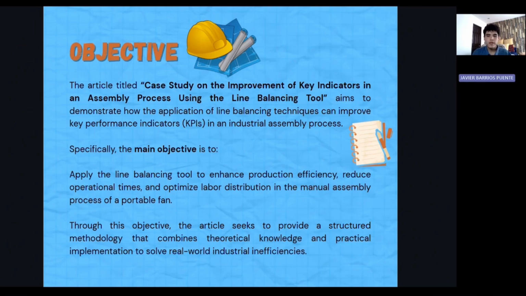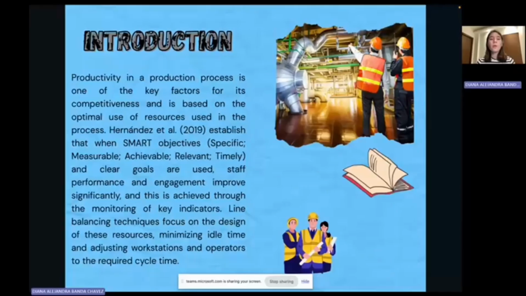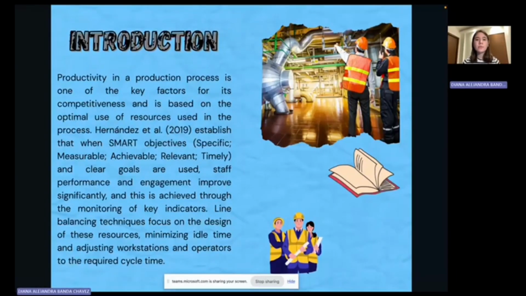real-world industrial inefficiencies. As an introduction, it's very important to mention that productivity in production processes is one of the key factors for competitiveness, and it's based on the optimal use of resources used in the processes. To establish the SMART objectives, meaning specific, measurable, achievable, relevant, and timely, clear goals are used.